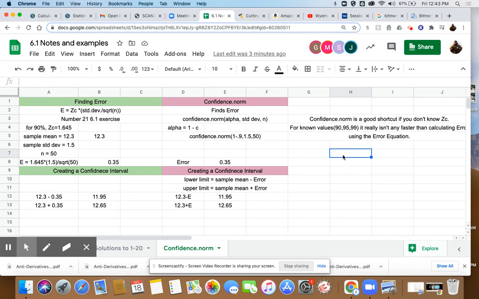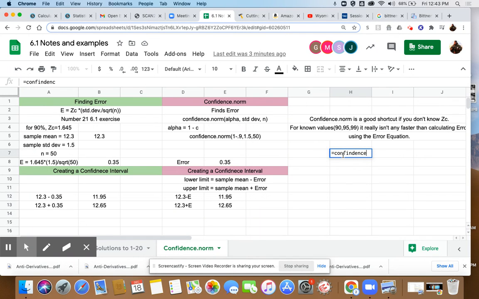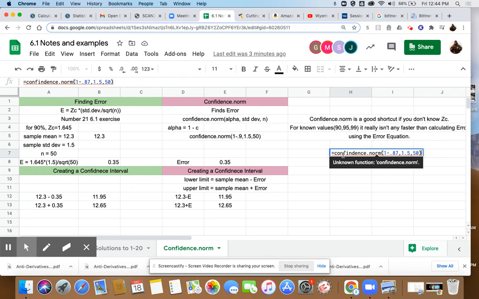then it certainly would be a shortcut, because then you could do equals confidence norm, and you could input 1 minus 0.87, and same thing in this case, we'll use the same values, 1.5 and 50. So if they asked you to do something like that, an 87% confidence interval, which is not something we normally would do. Did I spell something wrong here?